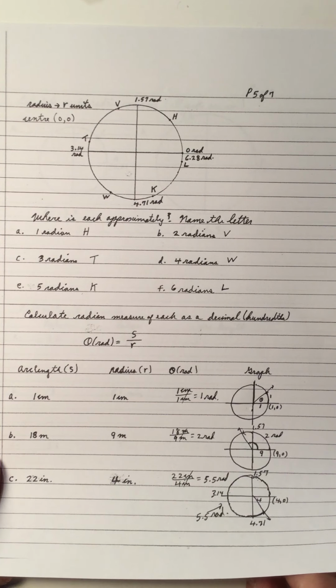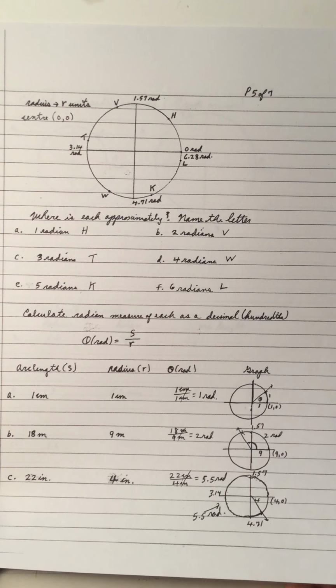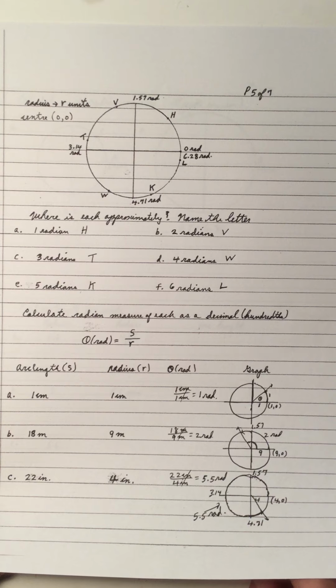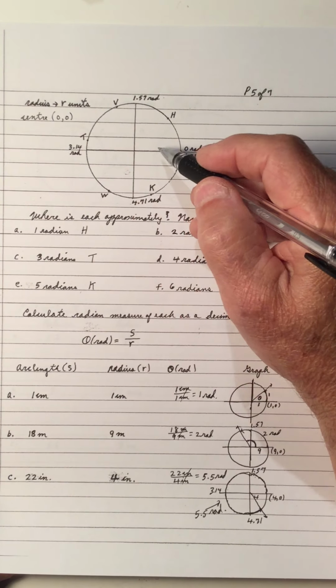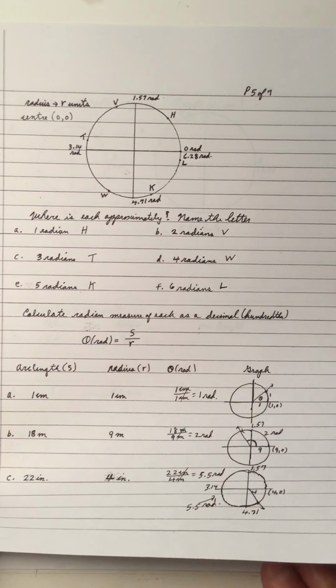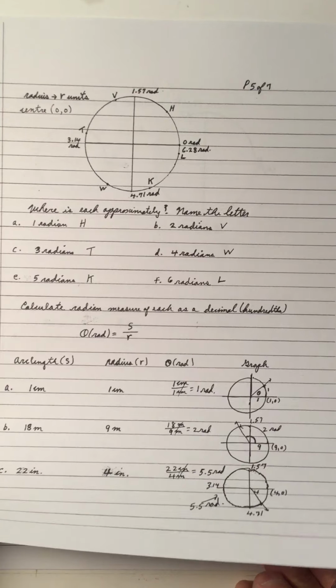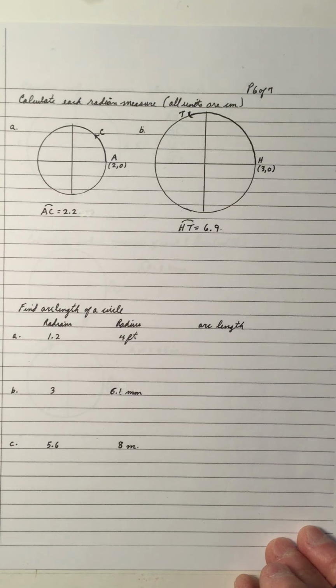Check with your teacher whether they do the radian in terms of a decimal. I'm going to do more work on this in the next video, relating the radian to a degree, or I'll do it on the next sheet also.